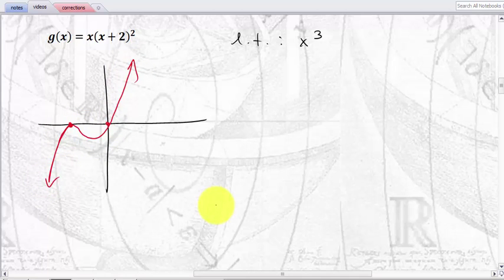Okay, so we've spotted two types of behavior at a 0, at a root, at the x-intercept. You can either cross it or bounce on the axis, and that depends on the power of the factor that you associate with the root.